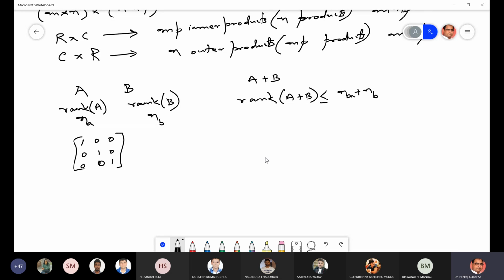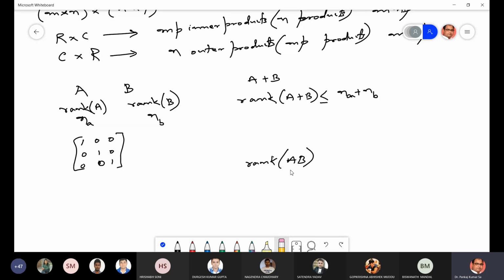What about A times B? No, I'm not talking about any identity matrix. I'm talking about a matrix A and a matrix B which have rank A and rank B respectively. So what is the rank of AB?